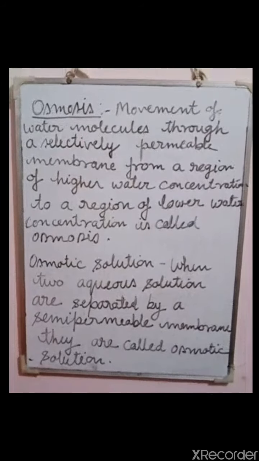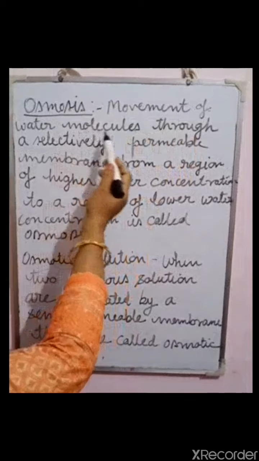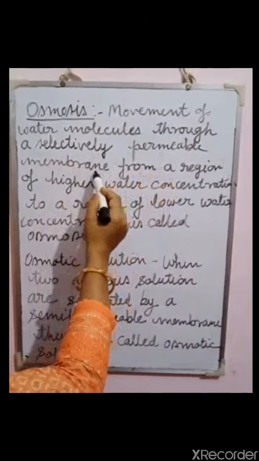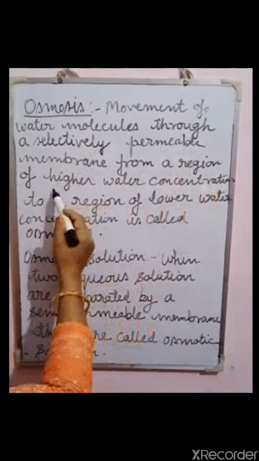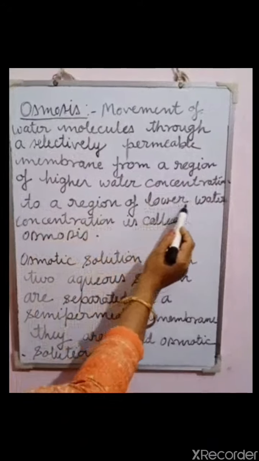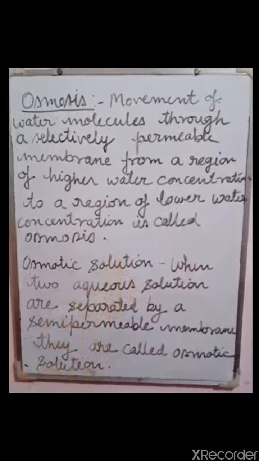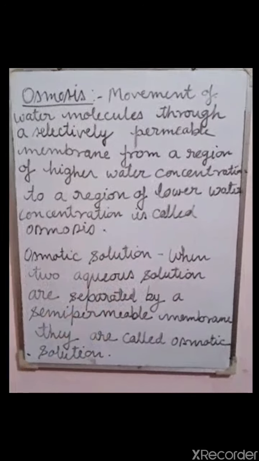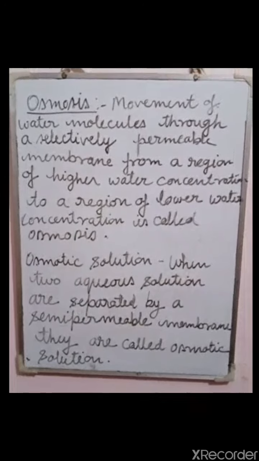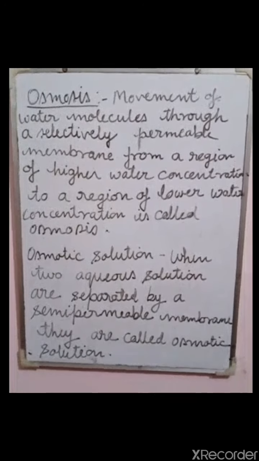Now come to the topic osmosis. The movement of water molecules through a selectively permeable membrane from a region of higher water concentration to a region of lower water concentration is called osmosis. So you can say osmosis is the diffusion of free water molecules across a semi-permeable membrane.